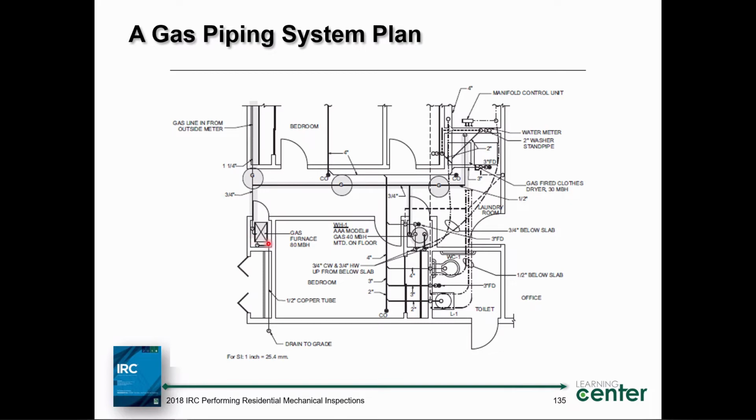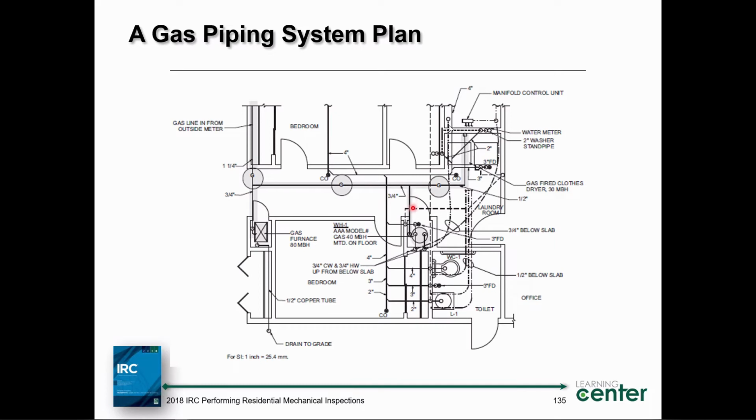The input rating of this gas furnace is 80 MBH. That means it's 80,000 BTUs per hour. M is a Roman numeral for 1,000, right? Some engineers or designers go with that nomenclature. So what we have here now is the gas main running down, reducing down to 3/4, and then we have another branch here. Look at what happens here.